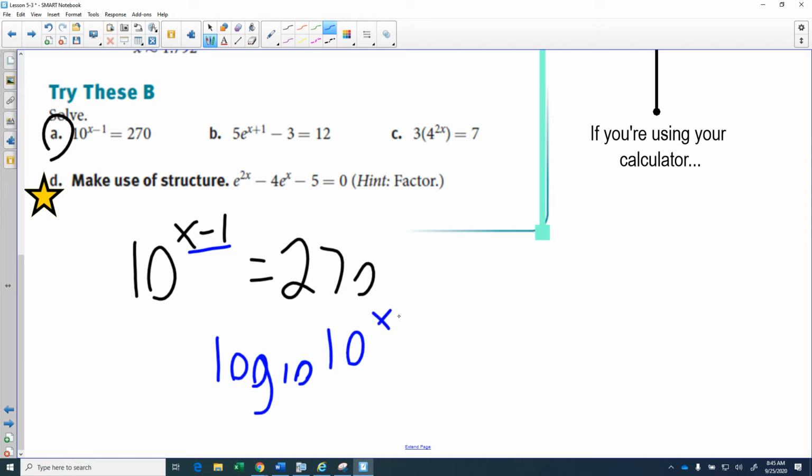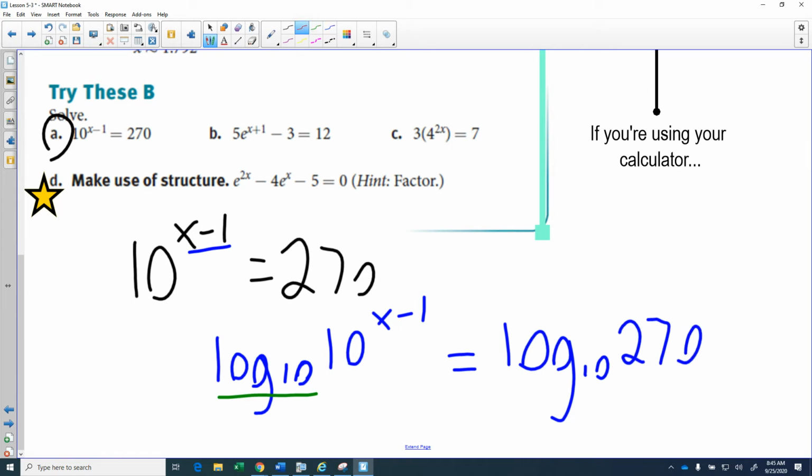To the 10 to the x minus 1 equals, so notice how I plugged in a log base of 10 here, which you could also just write log, because that would also work. But whatever I do to one side, I also need to do to the other. So I have to do log base 10 of 270 on the other side. So all I'm doing to really simplify this equation is plugging in a log base 10.